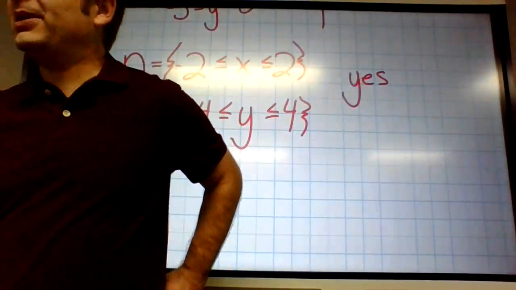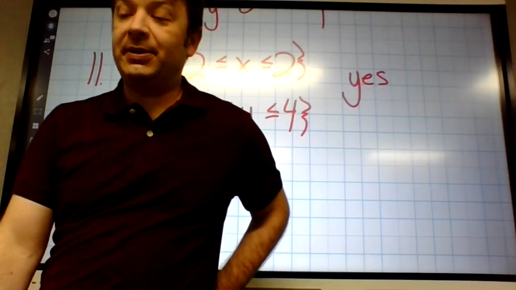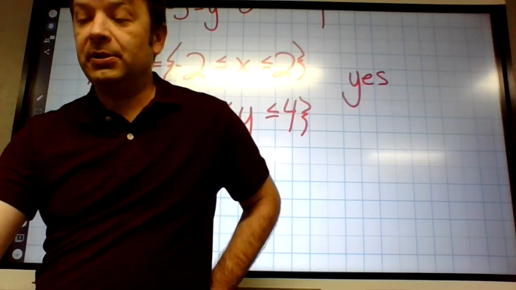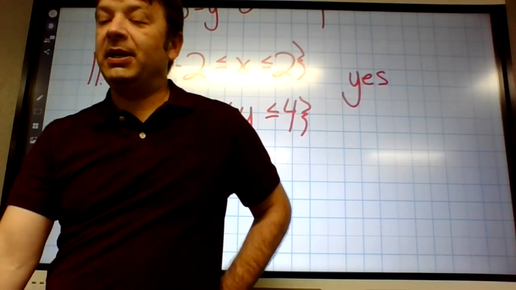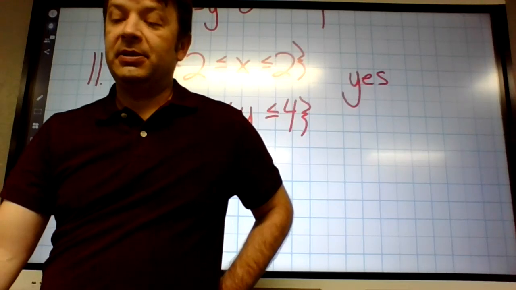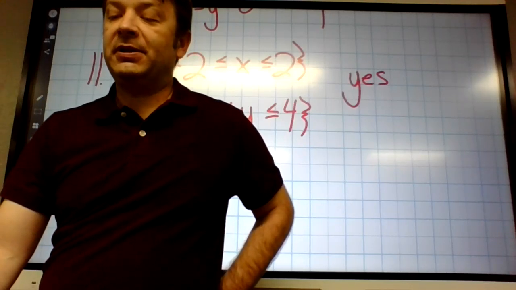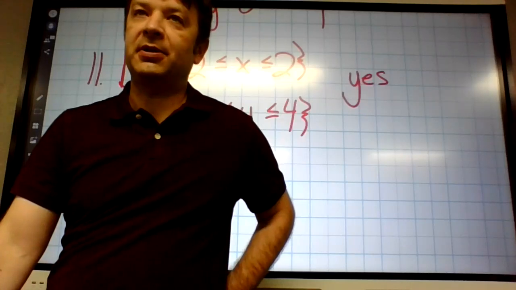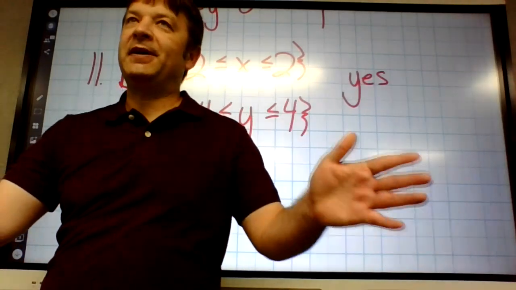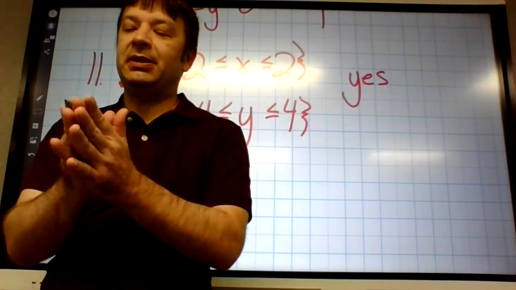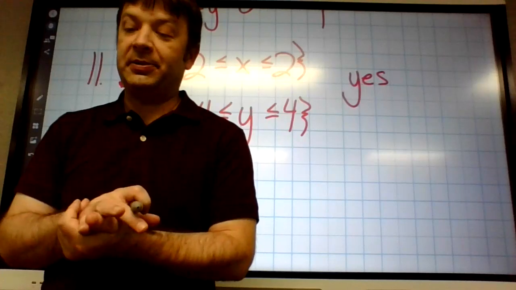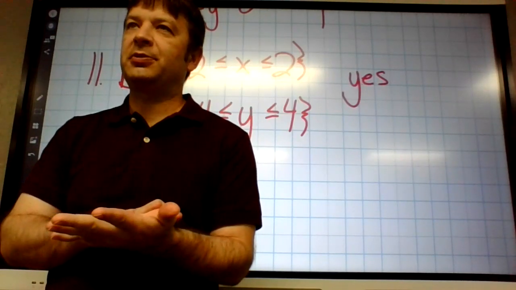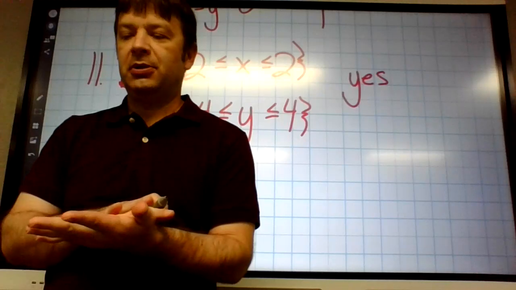Okay, 10, I'm not going to write this down, but let's talk about it. Yeah, you can write it down. You've got to think about the domain as left and right. So how far left does the graph go? -2. How far right does it go? +2. Are all the x values in between there filled in? Yes. Okay, so that would be the domain. But for the range, what's the lowest y value? 1.